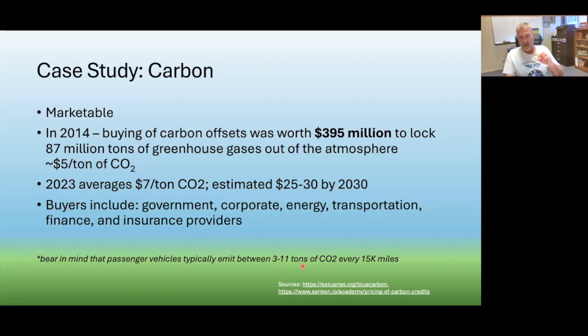A small economy car or a hybrid might be on the lower end of that. Pickup trucks, think about how many people drive pickup trucks, right? Not including yourselves, or your dear professor. So they produce on the higher end of that. Every 15,000 miles, you're looking at 3 to 11 tons. So there's still a long way to go in terms of being able to adapt that, but blue carbon could certainly be one of those markets.